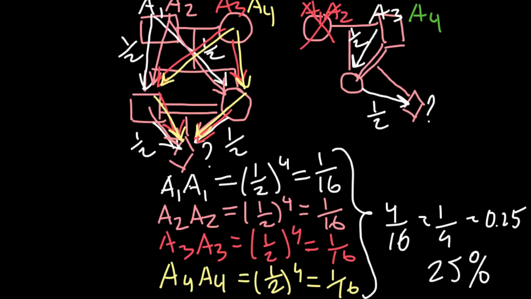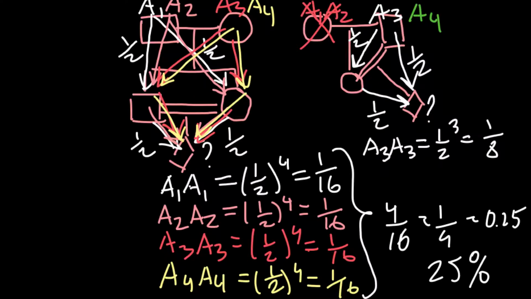What is the probability that this individual will get the A3 allele from his father? And as you see, the probability would be 50%. So the probability for this individual to be homozygous for the A3 allele would equal 1/2 to the power of 3, which is going to be 1/8.